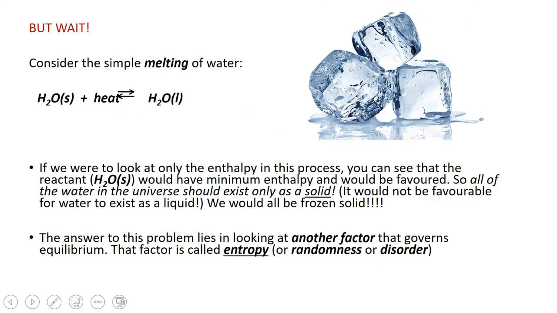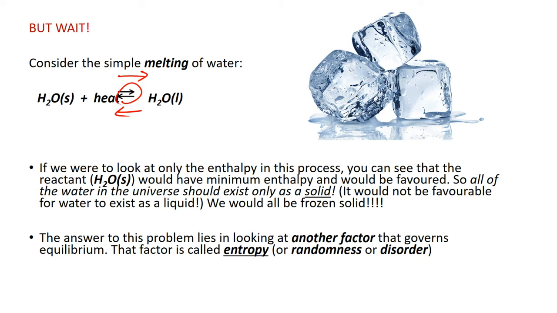But there's an issue with this. If we look at this equilibrium between our solid water, ice, and liquid water, we've really got an equilibrium here, right? If we had ice cubes in a glass of water at 0 degrees Celsius, we'd have an equilibrium system where we've got that phase change of melting and solidification happening at the exact same rate, the exact same time.